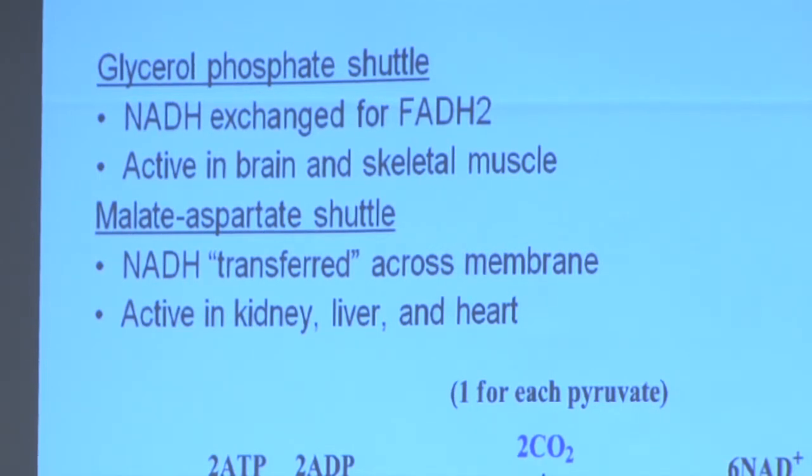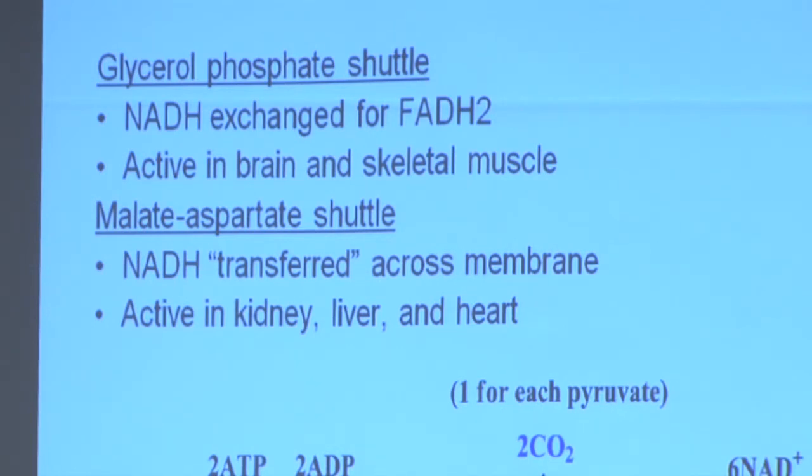Glycerol 3-phosphate can get into the mitochondria. Then once it's in there, I reconvert the glycerol phosphate back, regenerating, in this case, some FADH2 inside.